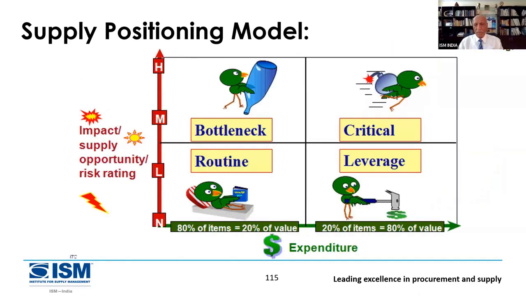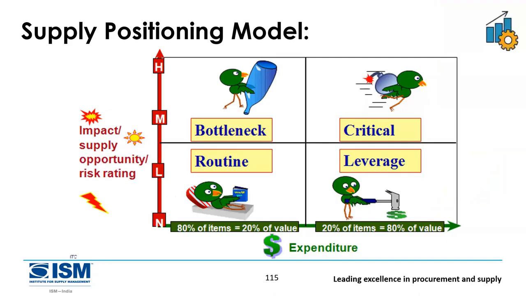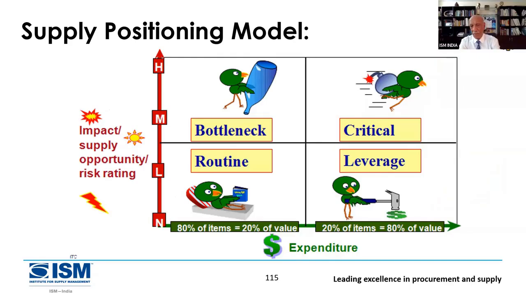Everybody can see this slide? You have a copy of this also. So here we got 80% of my item value and 20% of the volume, while on the left side, I got bottleneck items and routine items, value-wise 20%, 80%.